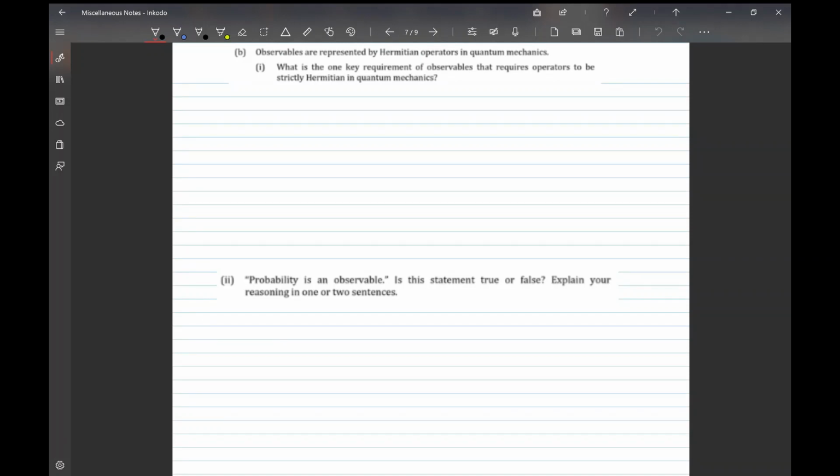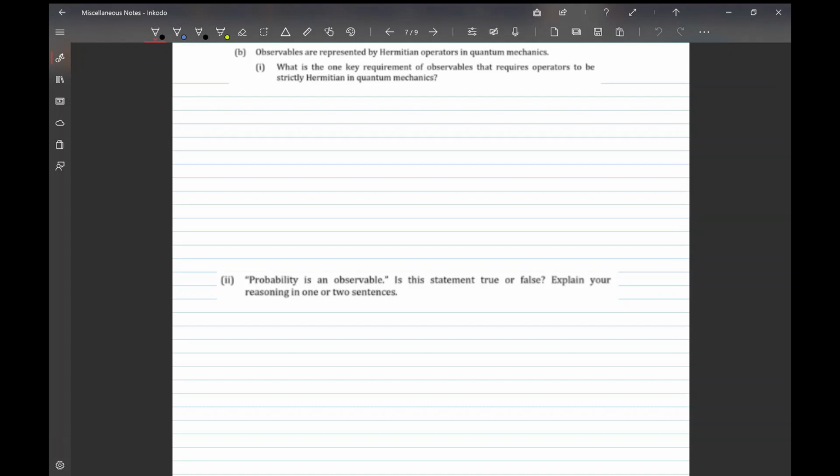So let's move on to part B. So observables in quantum mechanics are represented by Hermitian operators. Okay? Part I asks, what is the one key requirement of observables that require the operators to be strictly Hermitian?